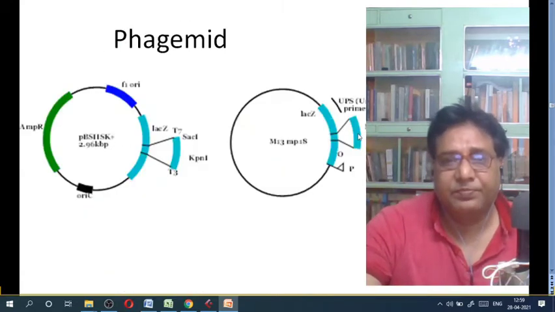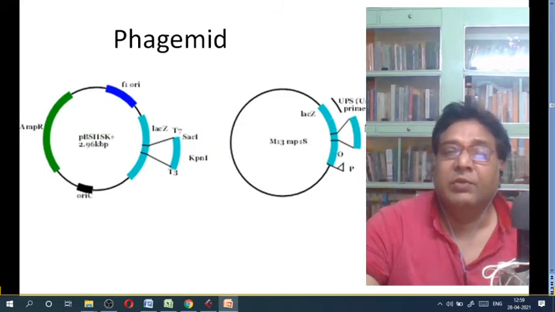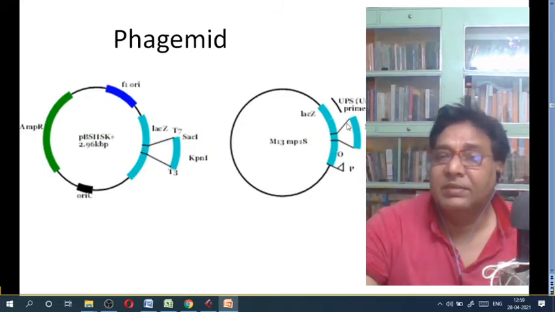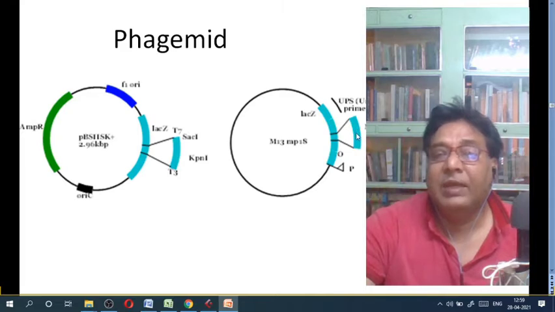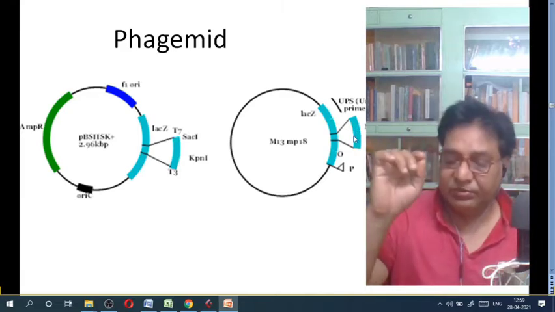Okay, sorry. So what you can do, you can make a single-stranded primer. You can attach that primer with this one, and that primer will have that particular change.